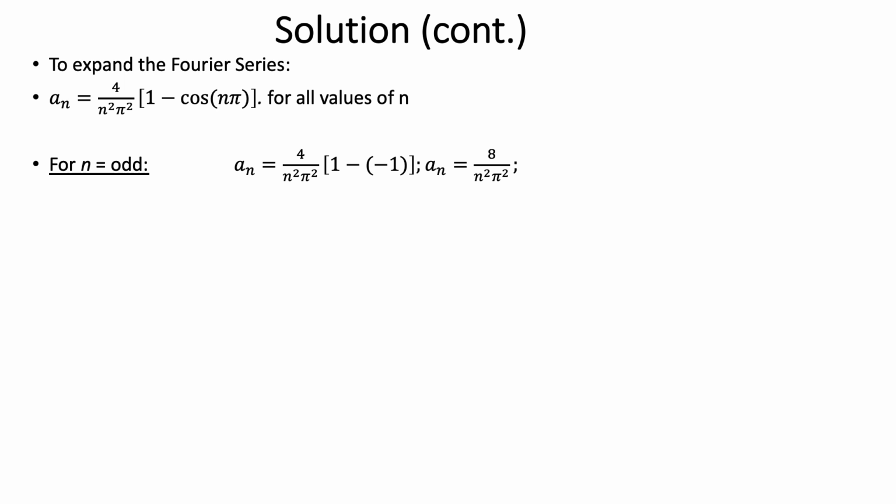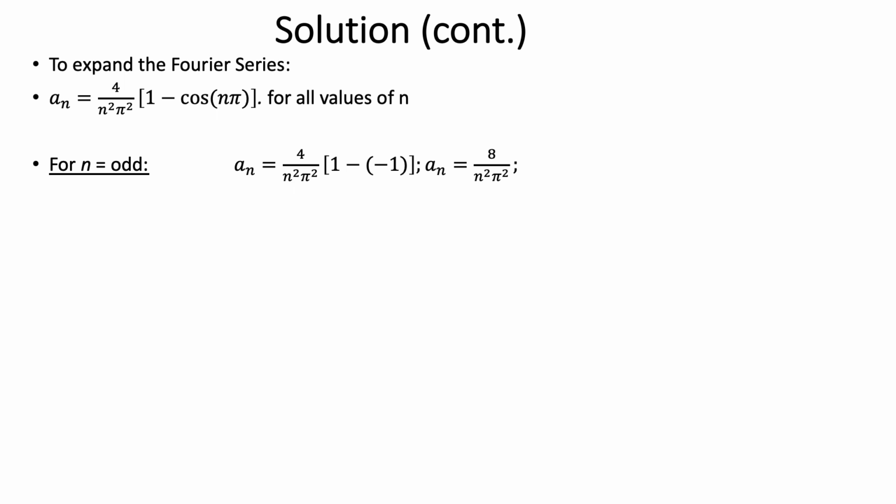To expand the Fourier series, we refer to our An. For all values, An is 4 over n squared pi squared times 1 minus cos n pi. For n odd, we have An equals 4 over n squared pi squared times 1 minus negative 1.